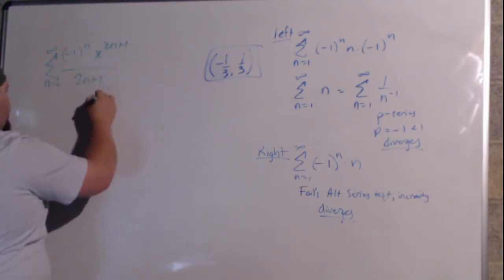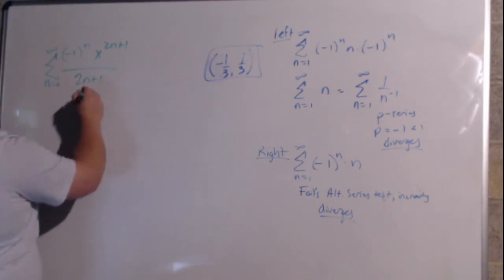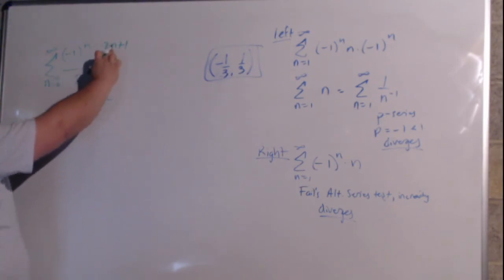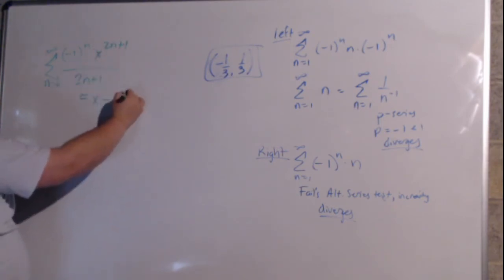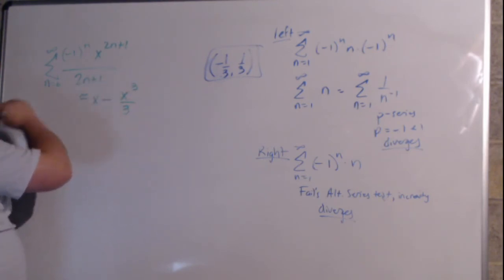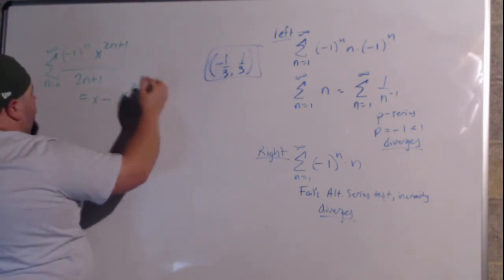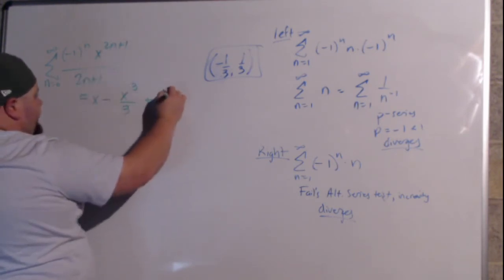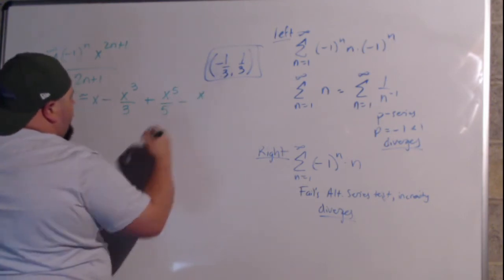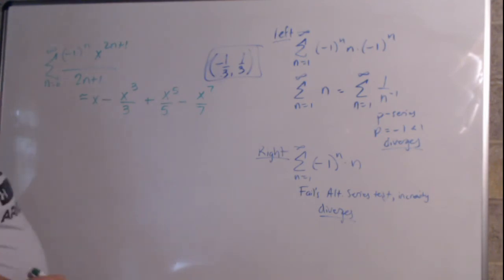This is x over 1, so just x. Plug in 1, you get a negative term. This becomes x cubed over 3. Plug in n equals 2, negative 1 squared is positive. That becomes x to the 5th power over 5. Next one's going to be negative, and so on. I don't think we even need that many terms.